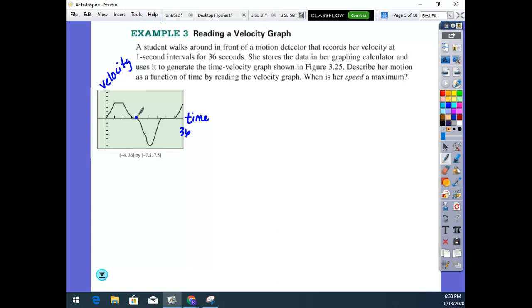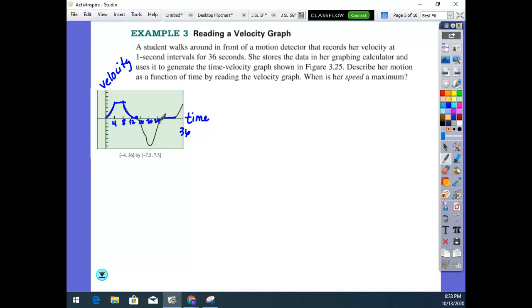Notice each one of these is going up by 4. You might want to label that so you can read it a little bit better.